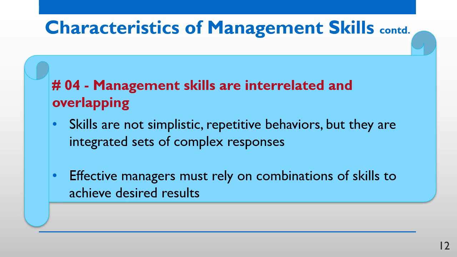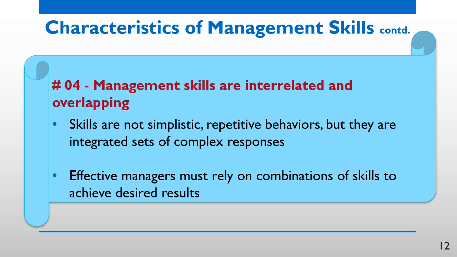If we take communication skills, problem solving skills and decision making skills together, we could see that one could make decisions really well if he or she has good problem solving skills and analytical thinking.